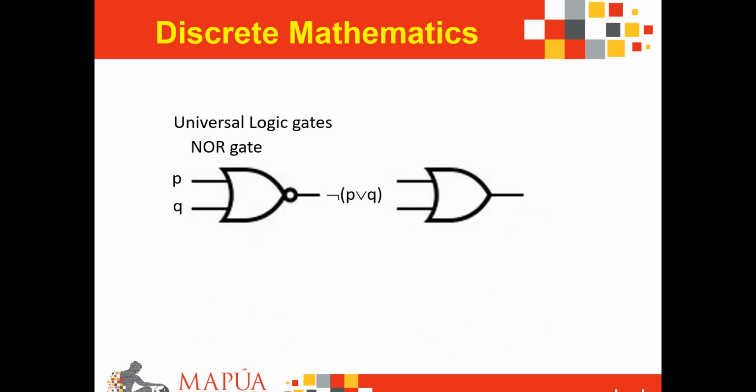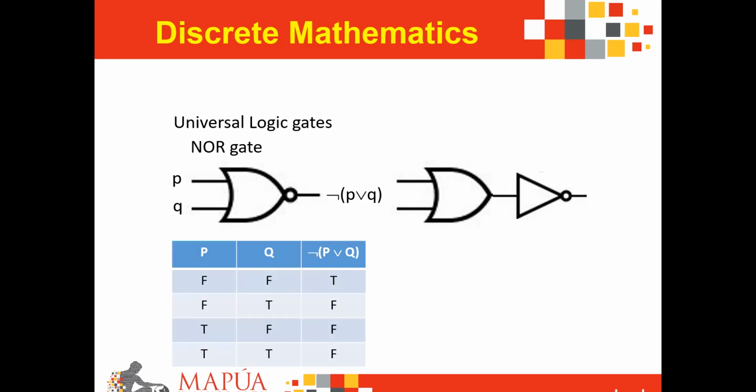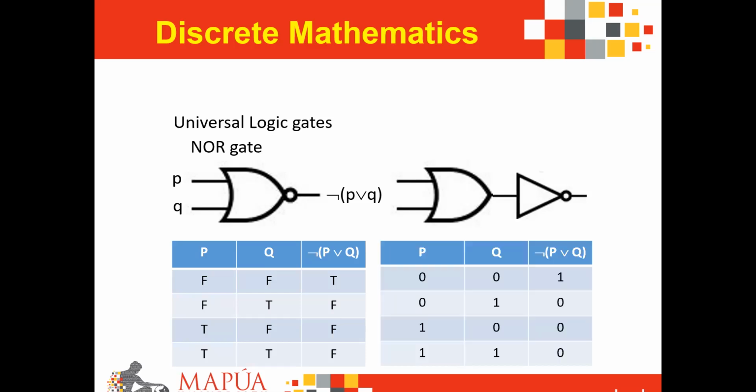As shown in the expression, it's like a combination of an OR gate whose output is inverted. If we then define this using a corresponding truth value, then your truth table will end up like this, along with your logical truth table like this.